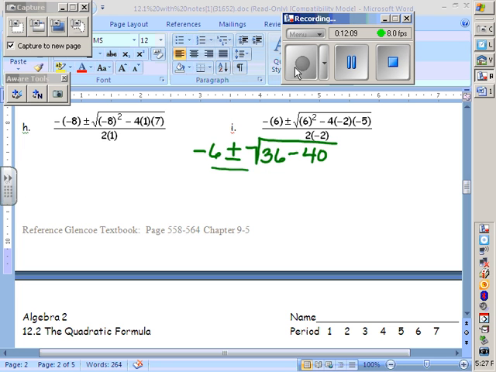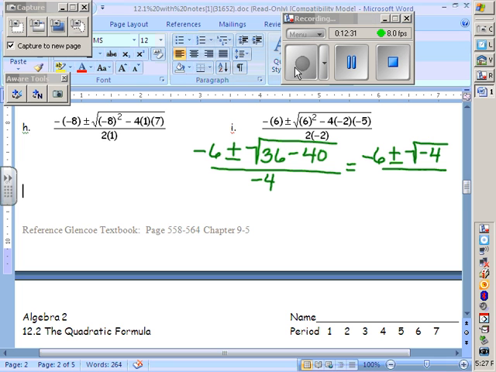And all of that will be over 2 times negative 2, which is negative 4. I'm going to continue by saying negative 6 plus or minus the square root of 36 minus 40, which is negative 4, all of that over negative 4.